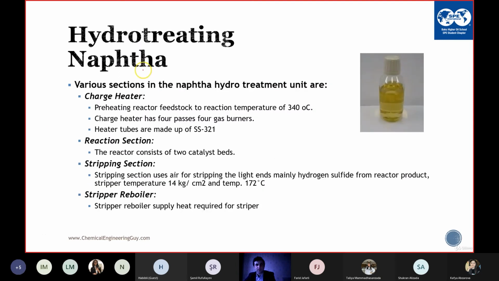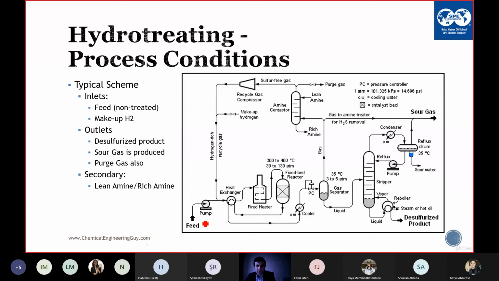So this is again the typical scheme, the same scheme that we talked about. We have feed pump, we have the makeup hydrogen, feed preheat heat exchanger, fire heater, then it is sent to fixed bed reactor. In the fixed bed reactor, you have the product, heats the feed, and then goes to the cooler.